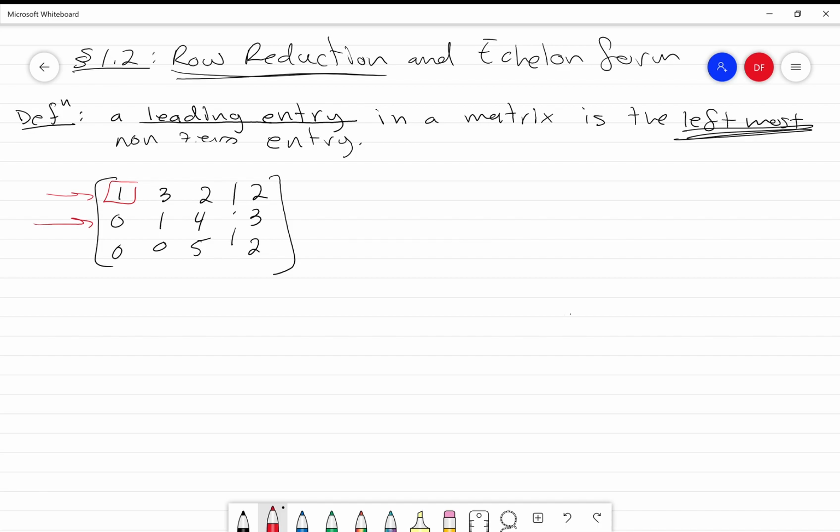The leading entry, remember, has to be non-zero. Okay? So this is not a leading entry because it's 0. This is the leading entry in row 2. And in row 3, this is a leading entry. Okay? So what is a leading entry? It's the entry in the row that is the most to the left, which is not 0. Okay? So the leading entry here is 1, the leading entry here is 1, the leading entry here is 5.